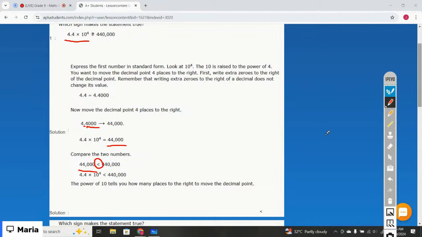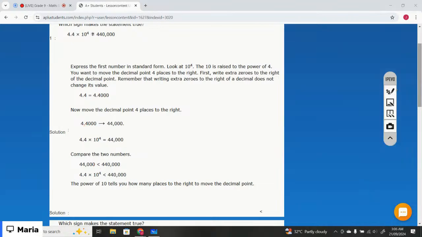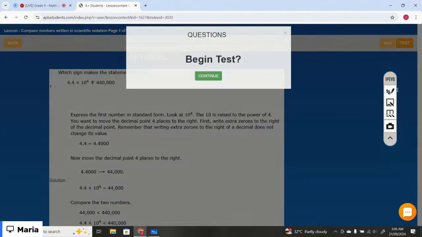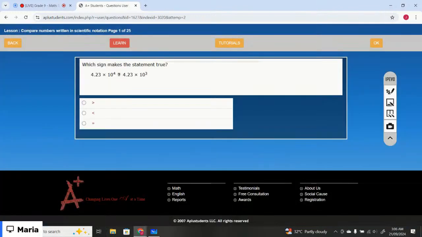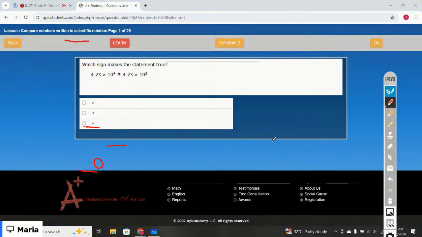Okay, let's just start with the test questions. Which sign makes the statement true? 4.23 times 10 exponent 4 and 4.23 times 10 exponent 3. So they both are in the scientific notation form, so that is very easy to compare them.